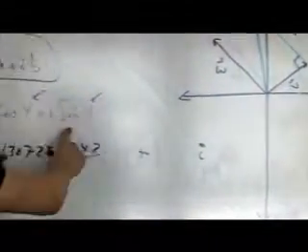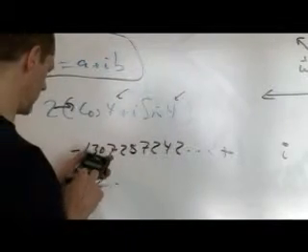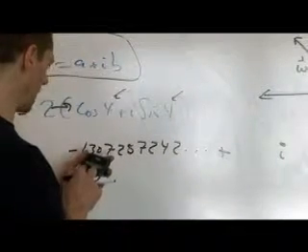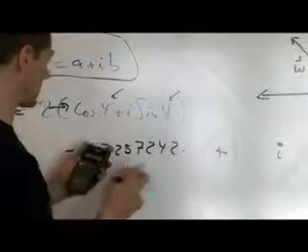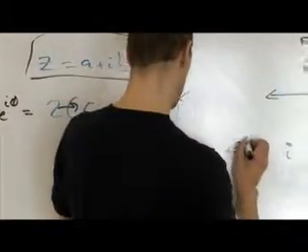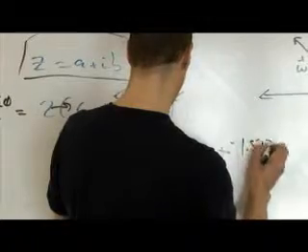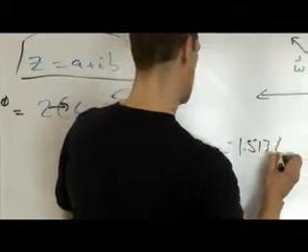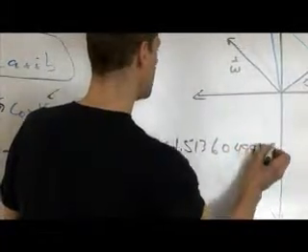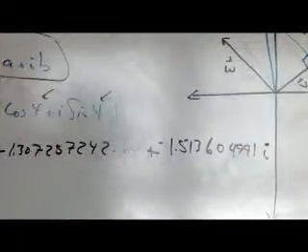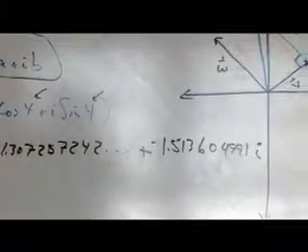Well, what is 2 times sine 4? Sine of 4, and notice I'm in radians, times 2. This is minus 1.513604991. Where should you approximate these?